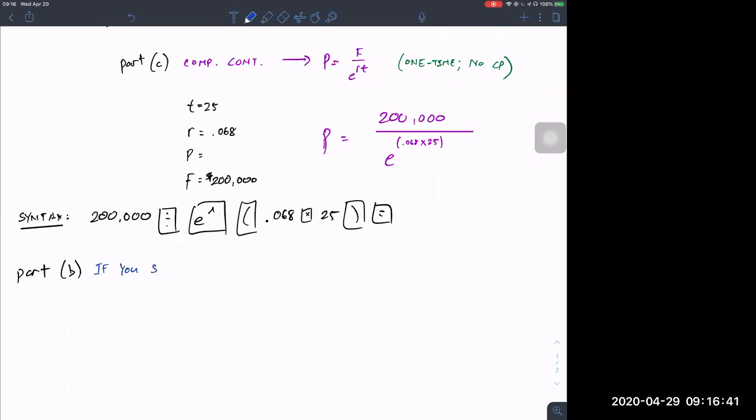So if you see lease, the implication is that it's a present value annuity. And you just have to determine at that point whether you're solving for this or this, right?